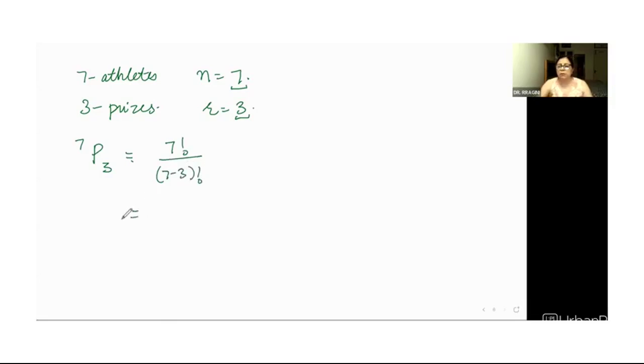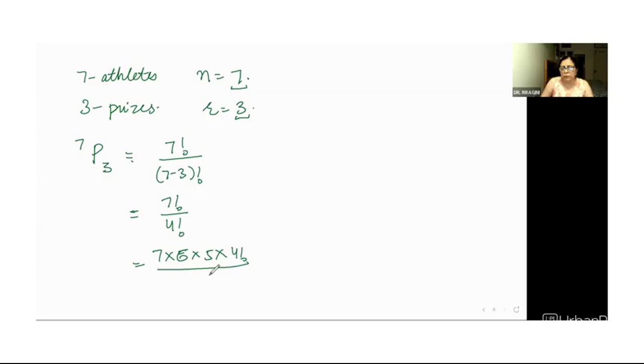So first 3, now if we know the first 3 people, those 3 can be arranged in different ways. Like for ABC, BAC, CBA. So that means in how many ways can the prizes be given to those 3 people. That is 7 factorial by 4 factorial. Now, I told you the bigger number has to be opened, like 7, 6, 5, till you get the common basis.